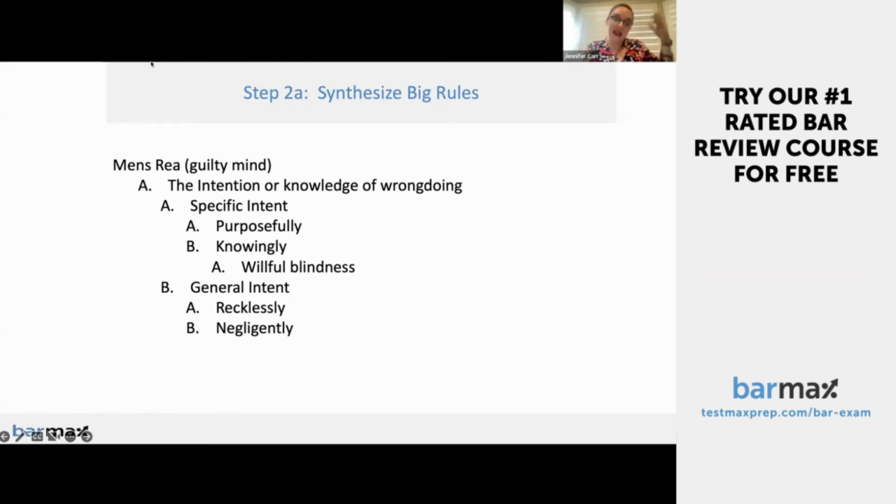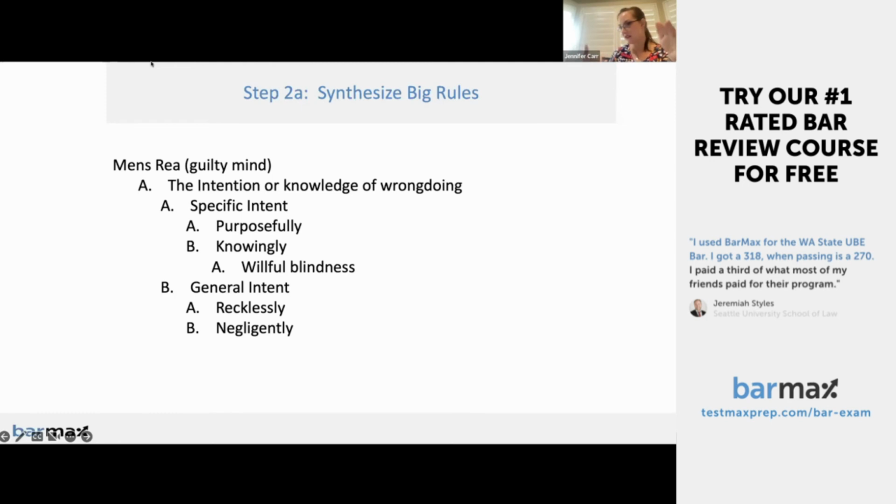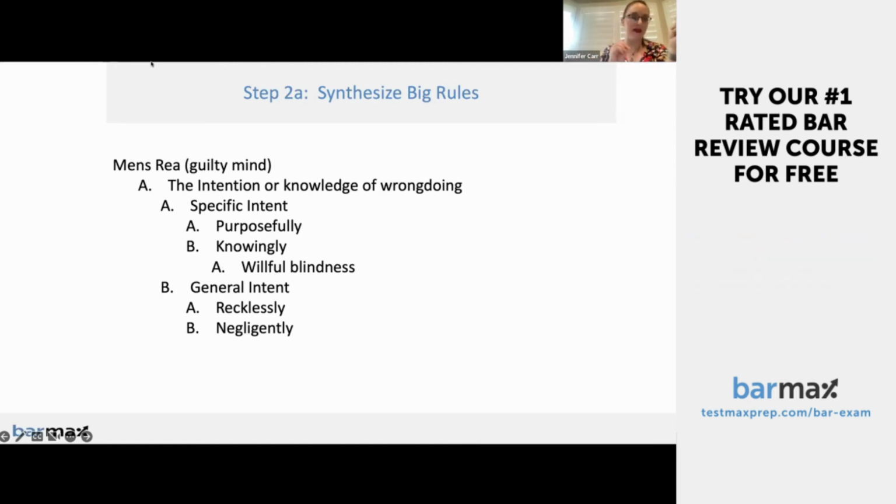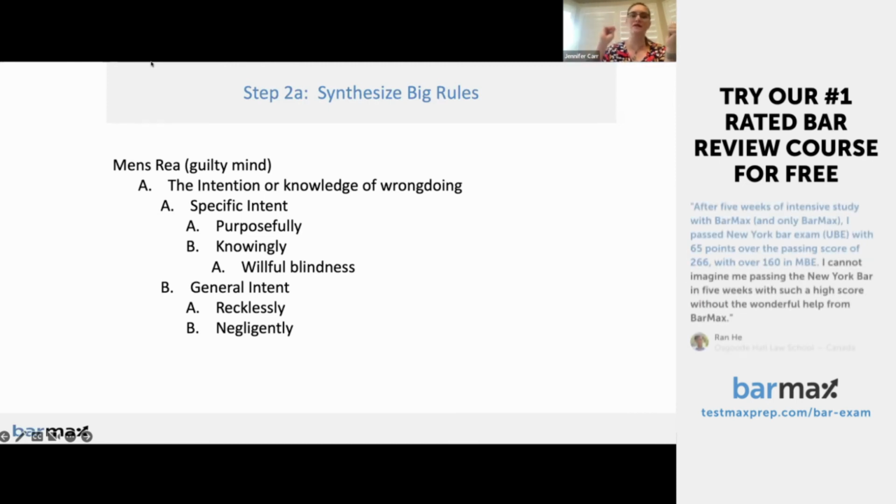Even though a lot of times we talk about punishment first in crim, on the answer, it tends to be at the end, right? He could be guilty of this, he could be guilty of this, he could be guilty of this. And drug court might be more appropriate here because of rehabilitation rather than retribution or whatever.